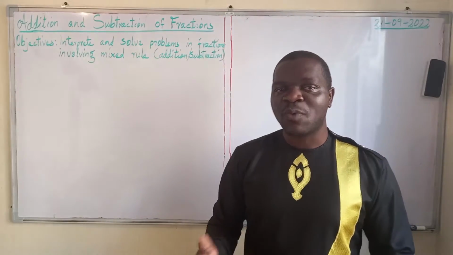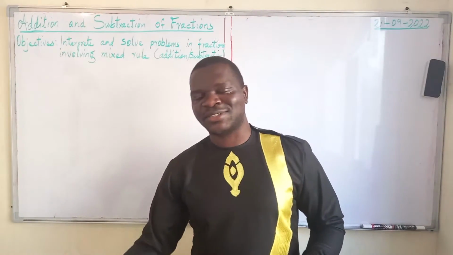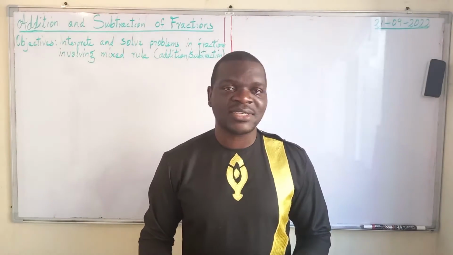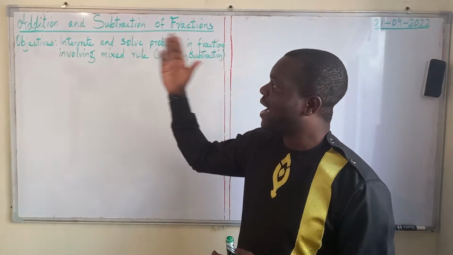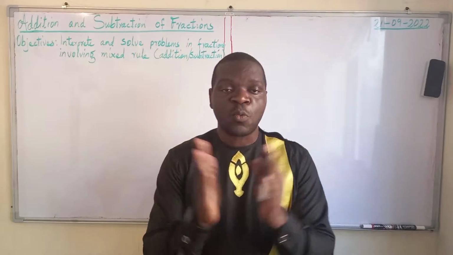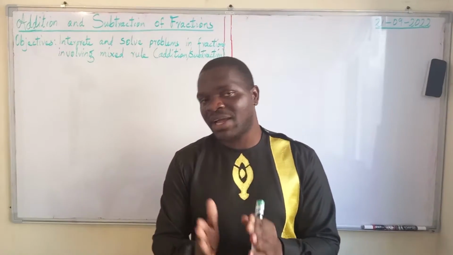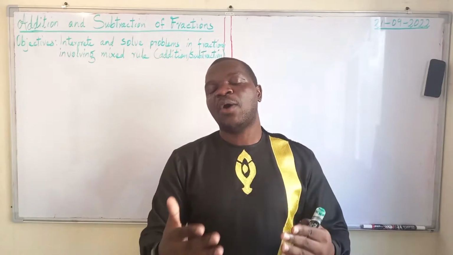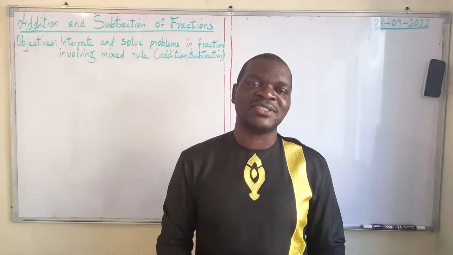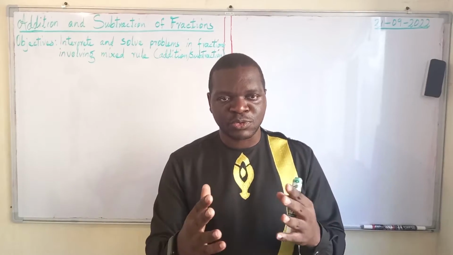Don't ask yourself why we should be repeating addition and subtraction of fractions, because there is something very peculiar, something very specific to addition and subtraction of fractions when they are combined. Remember, last time we did it separately, but today we want to see how we can solve problems in fractions when it involves the two rows together.